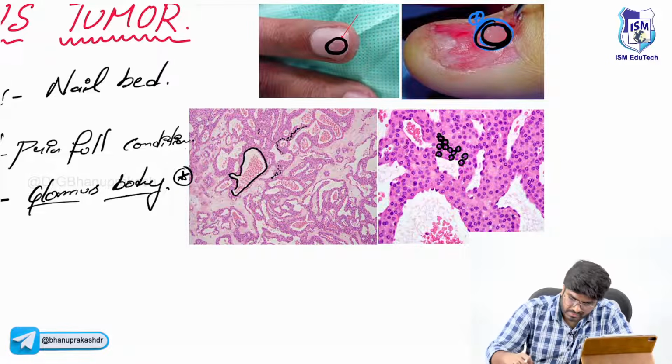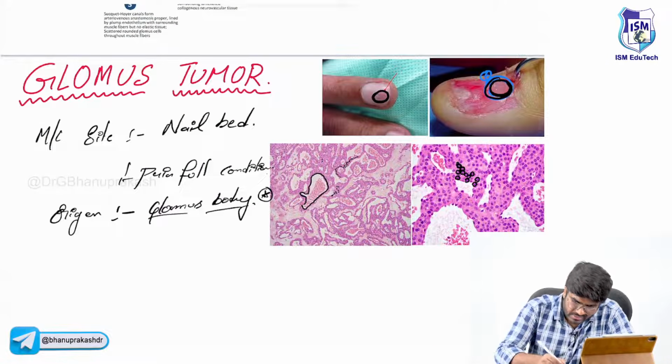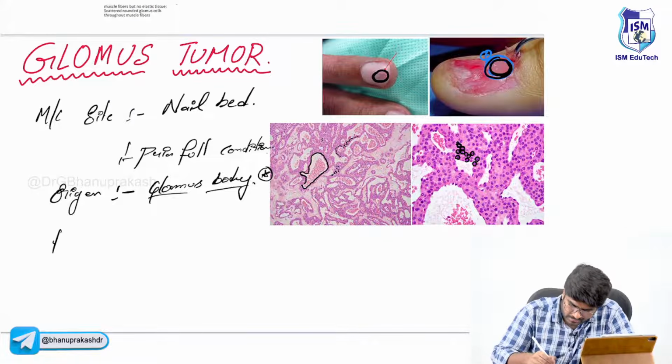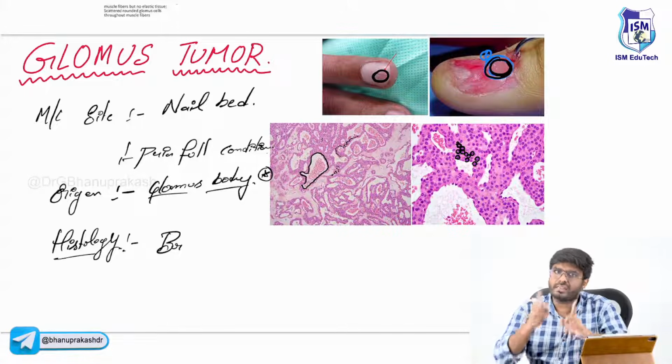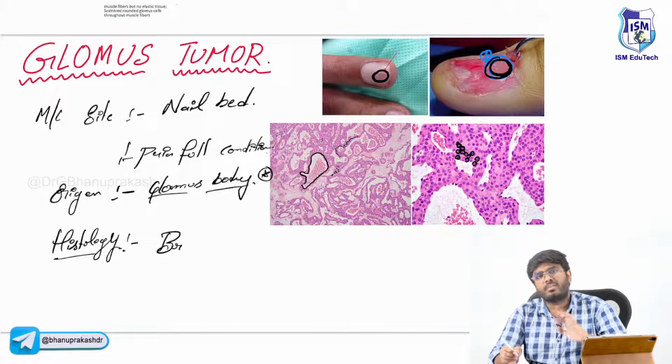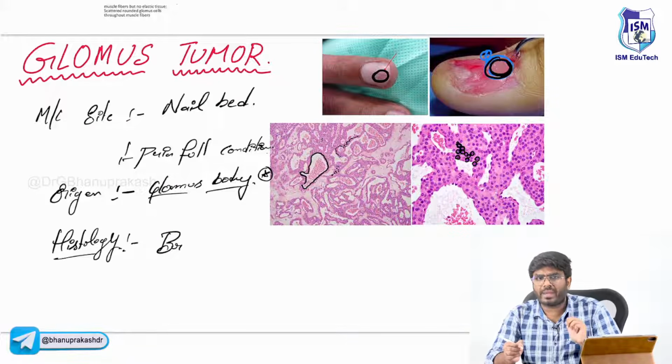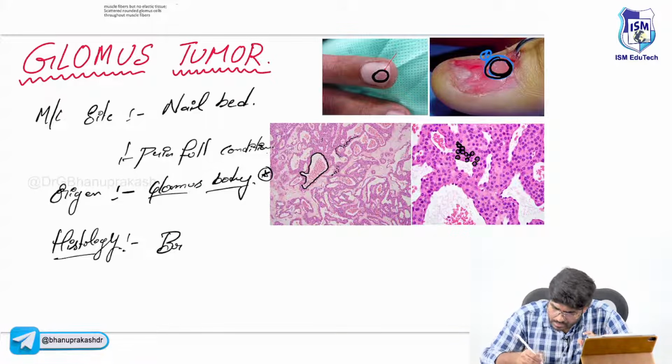Now let's write one by one. Branching of the blood vessels is seen, no doubt. So in histology, what you can see is, yes, branching of the blood vessels. Here also and there also, in both places. In cavernous hemangioma, branching of the blood vessels is seen, and in glomangioma also branching of the blood vessels is seen.